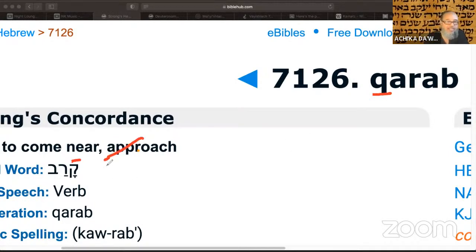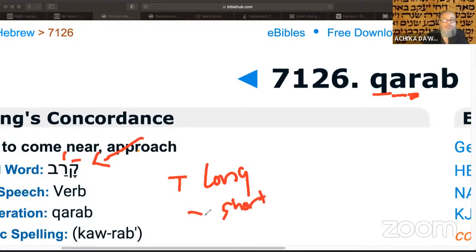When you see this right here, you need to think about Q, not a K, a Q. The A underneath it is this right here, and you know that's a long A. Then you got the next letter, which is the resh, so in English, it's R. Then they got another A underneath it, which is a short A. Qa, rav. And then here, boom, there you go. That's the bet. You see?